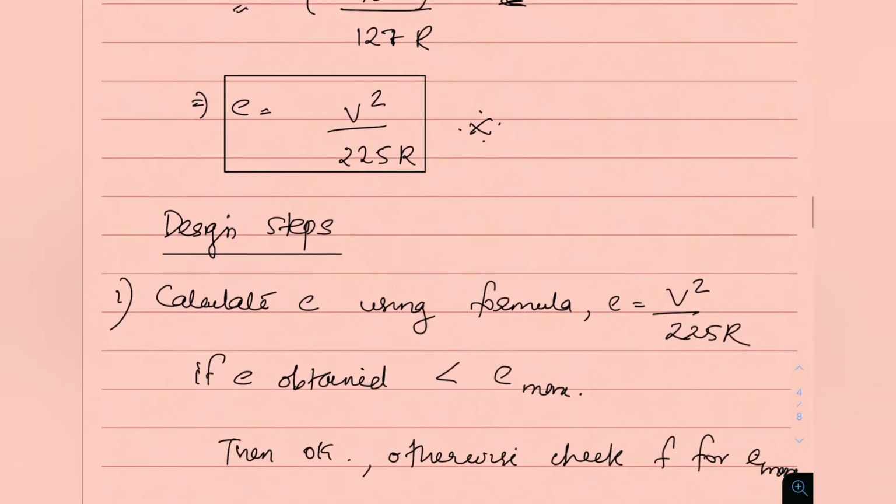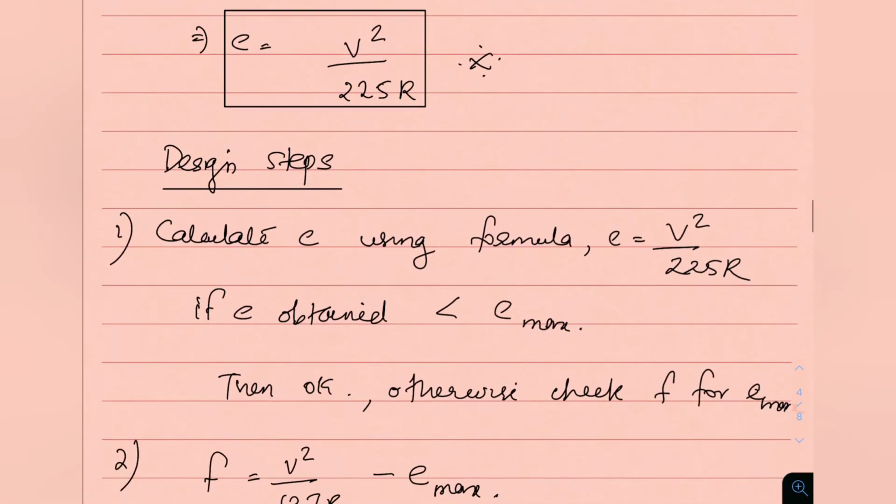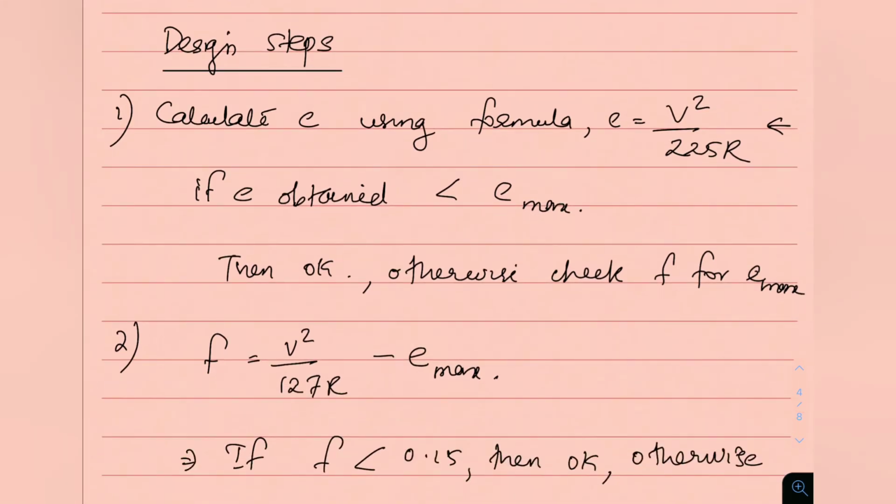So how are the design steps? First, we have to find out the e value using this formula. If the e value we found using this formula is less than e maximum, then we can give that e value. But if the e value we obtained is greater than e maximum, we have to limit the value to e maximum. And from e plus f is equal to V square by 127 R, we have to find out the value of f.